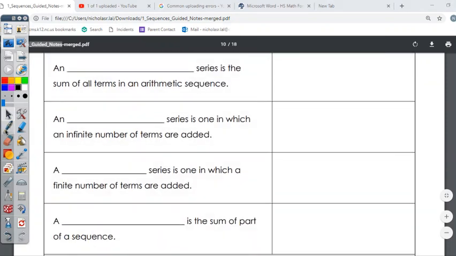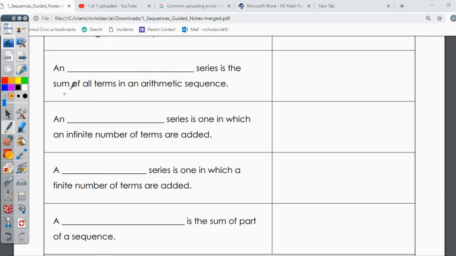All right. An arithmetic series is the sum of all the terms in an arithmetic sequence. So once again, a geometric sequence is where you're multiplying by a common ratio. In an arithmetic sequence, you're adding a common difference. So as an example, you have your sigma notation. Let's say your starting number is 8. Your stopping number is 15.